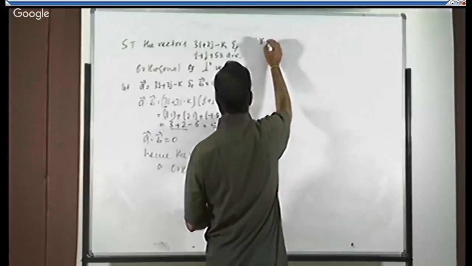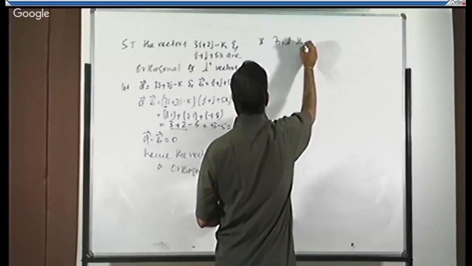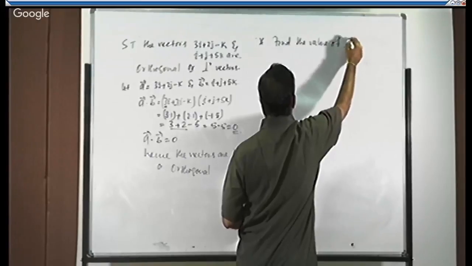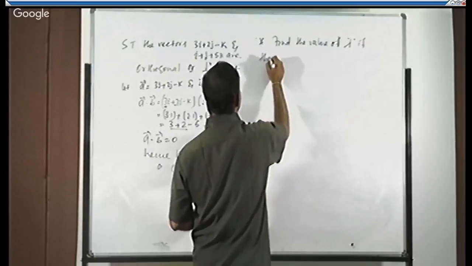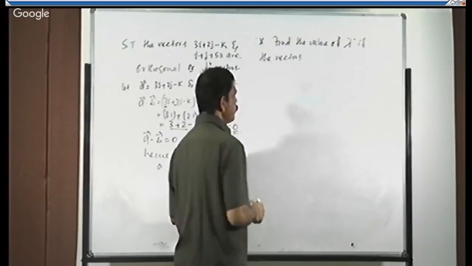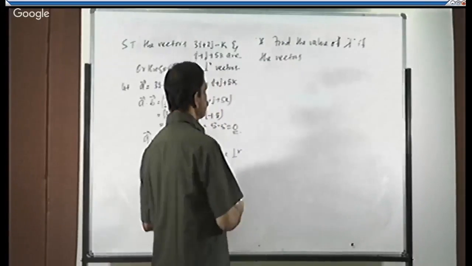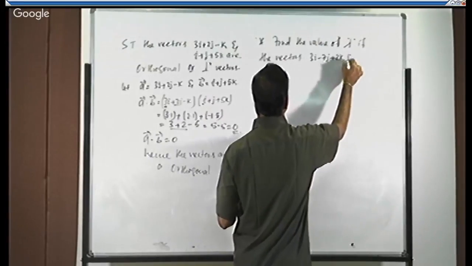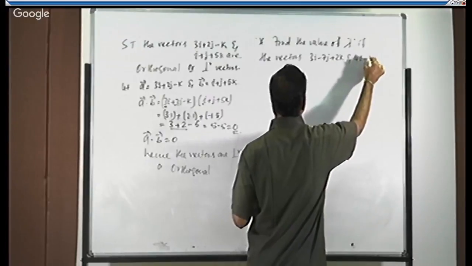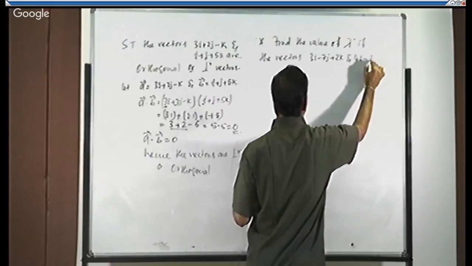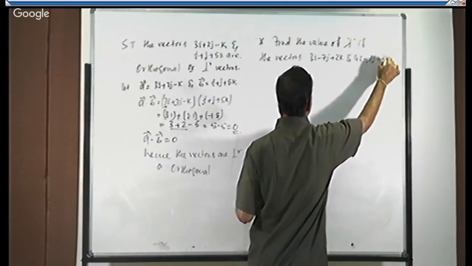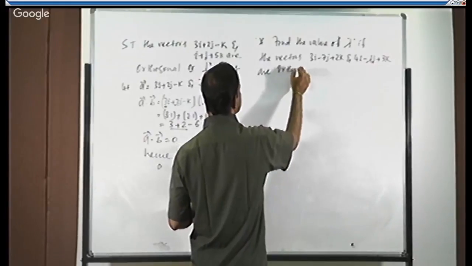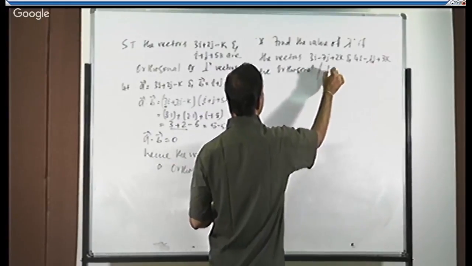Say, find the value of lambda if the vectors 3i minus 7j plus 2k and 4i minus lambda j plus 3k are orthogonal or perpendicular.